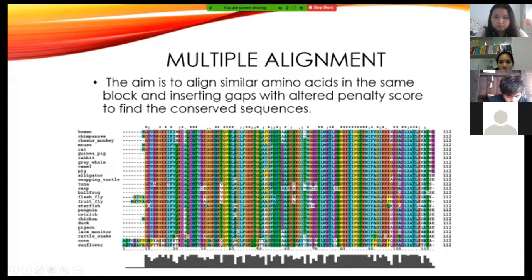So basically, you have a scrambled piece of FASTA format, right? And once you put it in a program such as ClustalX, it will basically insert gaps and align all the amino acid letters with the same function in the same blocks.